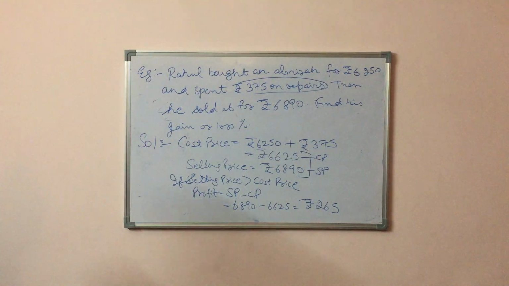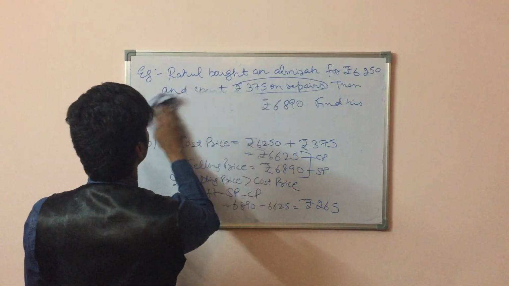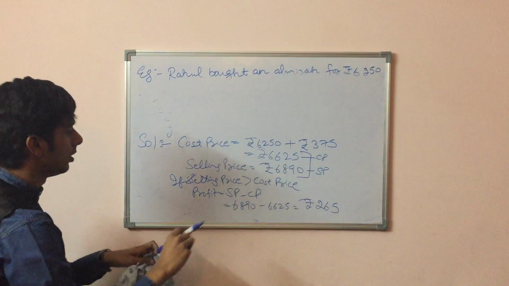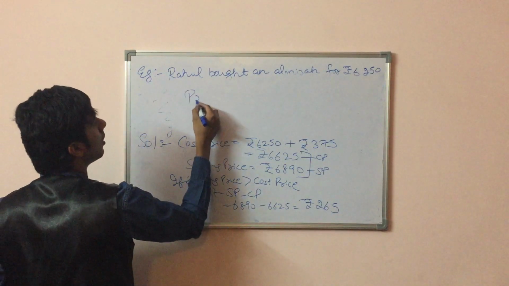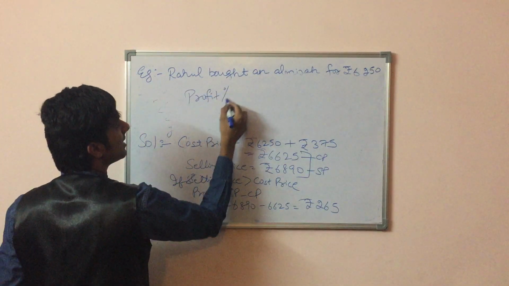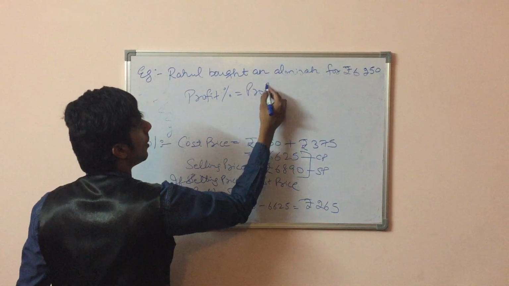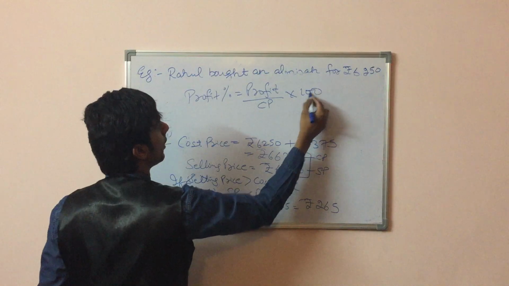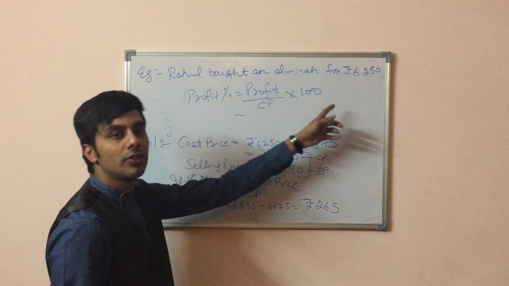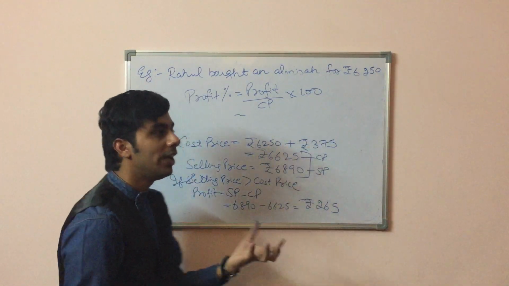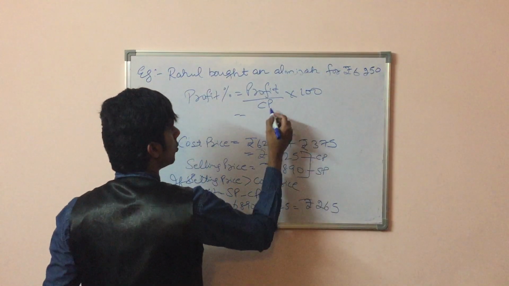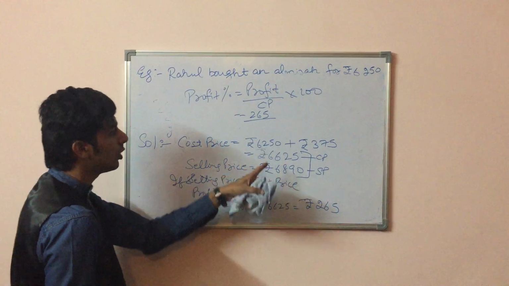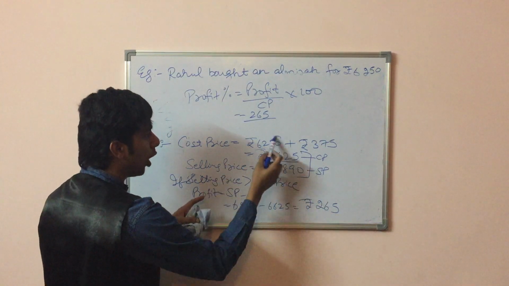And now how can you calculate the profit percent? Profit percent is equal to profit upon CP into 100. Why are we multiplying by 100? Because we have to take out our value as a percentage. 265 upon, what is the cost price? Now the cost price will be this, not this.